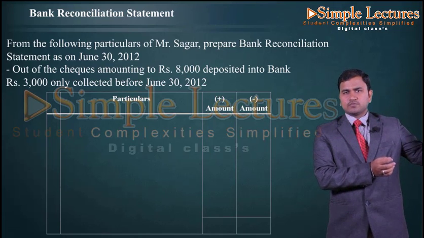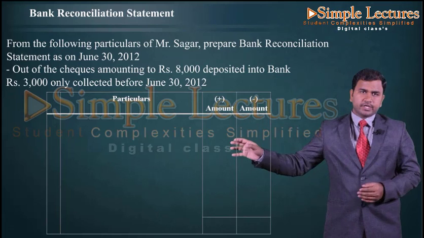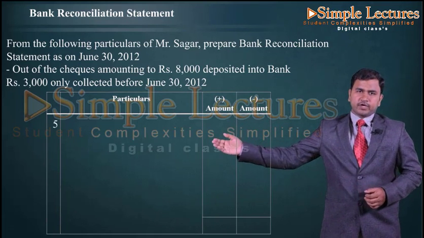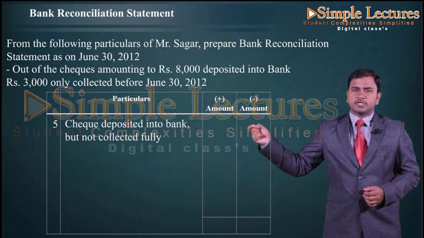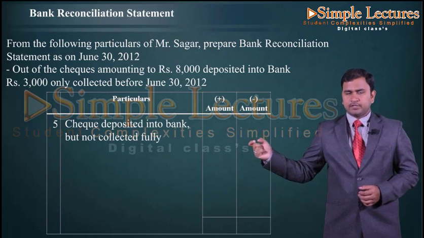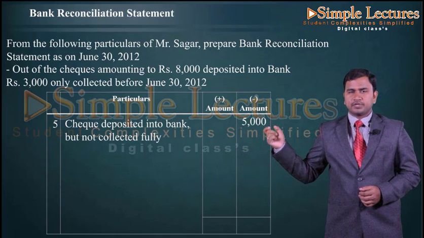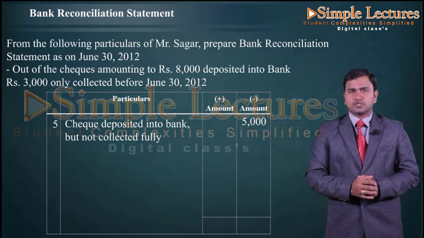Another 5,000 rupees what we have added, that we have to deduct here to get the balance as per cash book. So the serial number 5, checks deposited into bank partly collected, where we are going to take 8,000 minus 3,000, 5,000 we are going to take in the negative amount column.